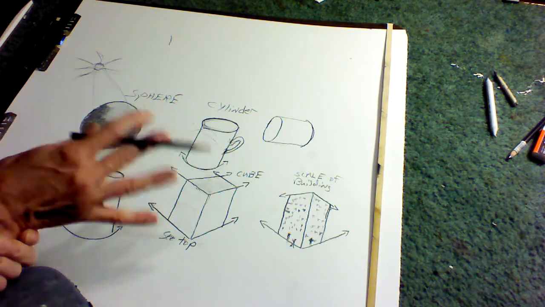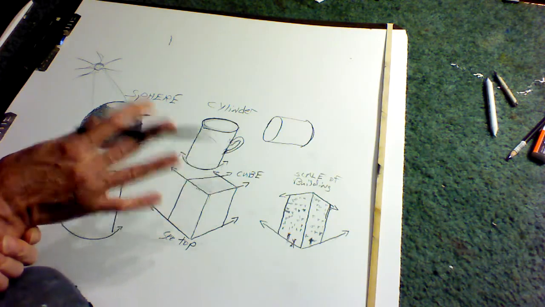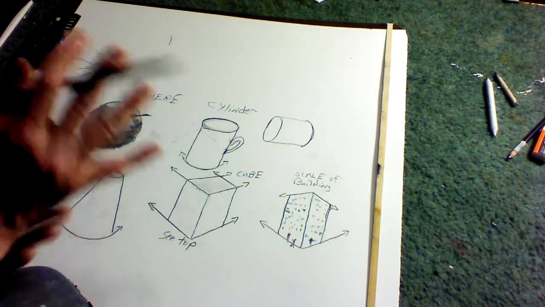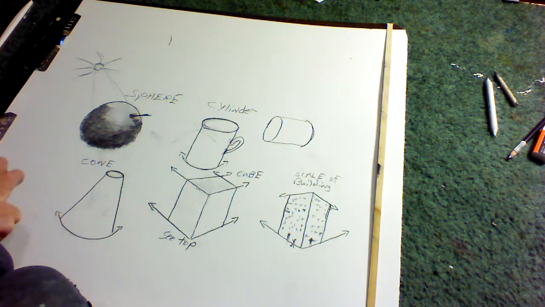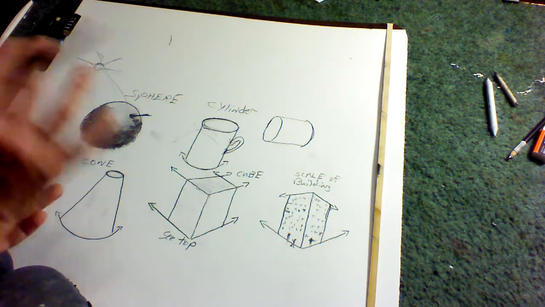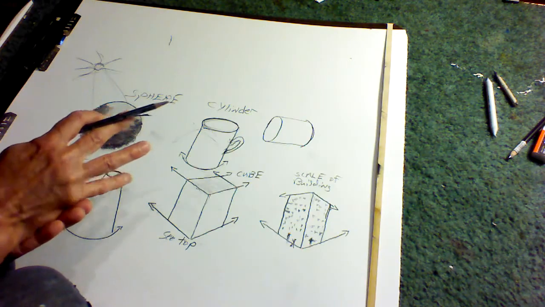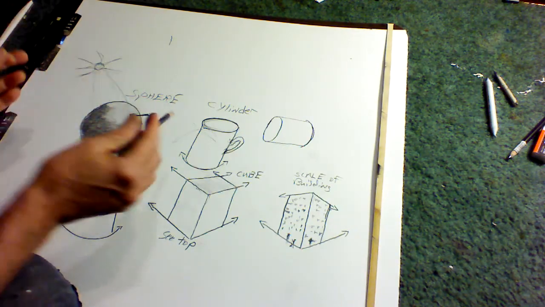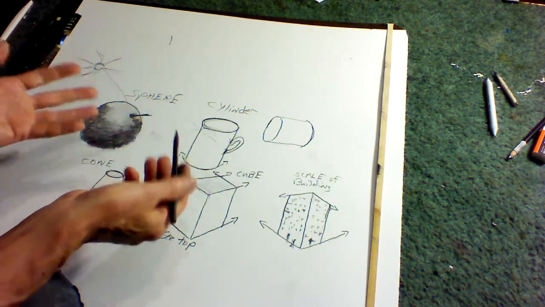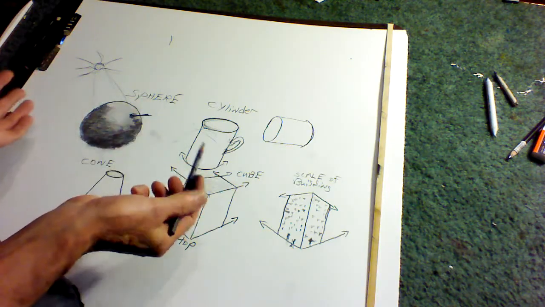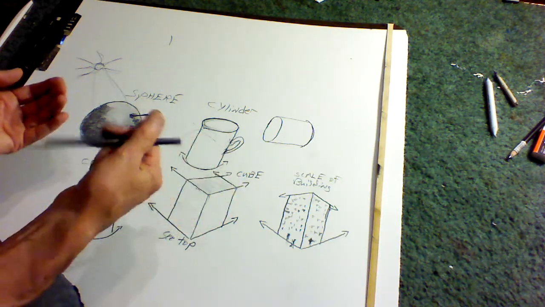These are the essential abstract forms that are the foundation of practically all drawing and painting. I'm going to illustrate that a little for you on another sheet of paper here. And you can draw along if you like, or in this instance, you can watch.